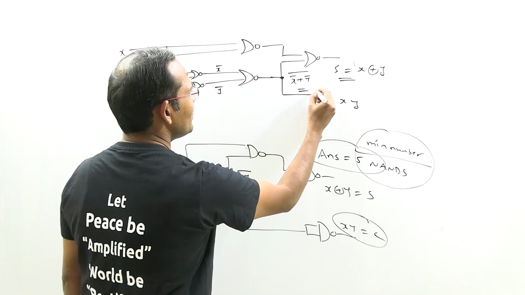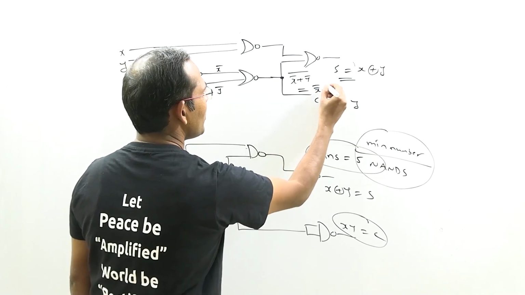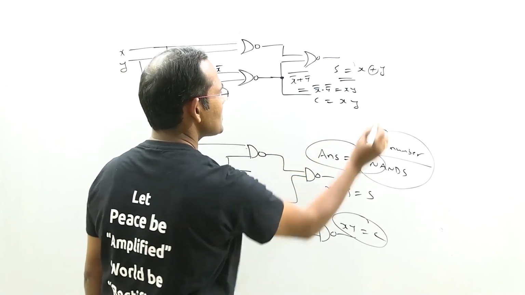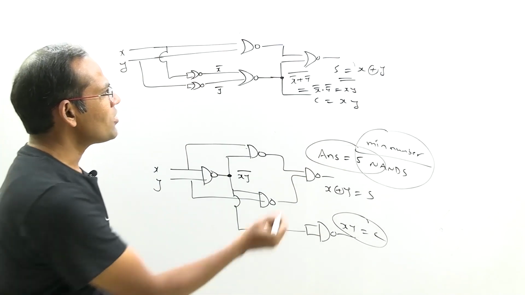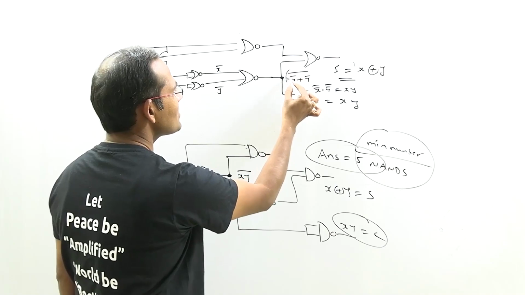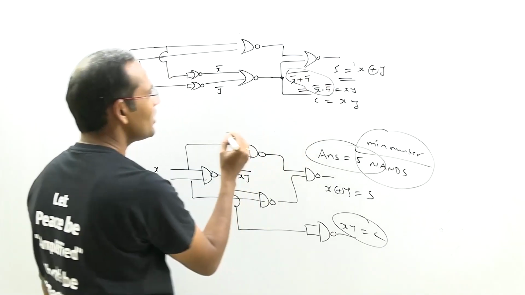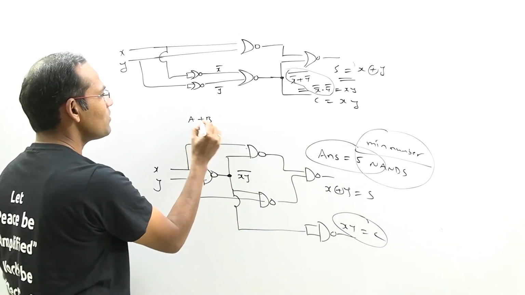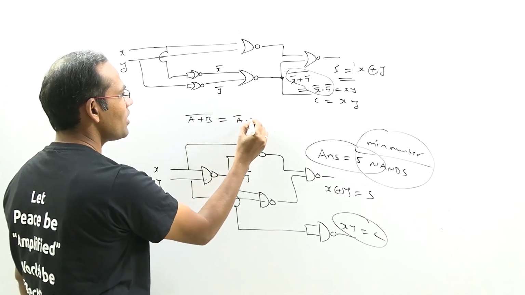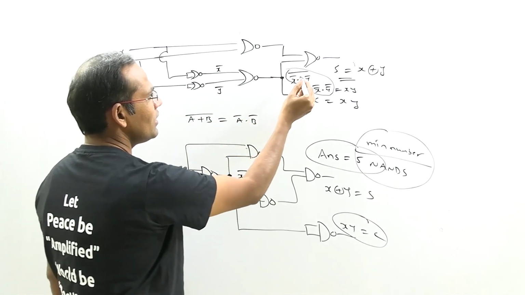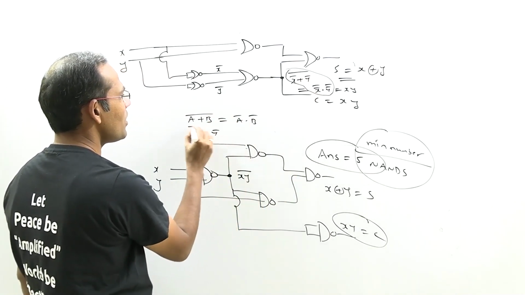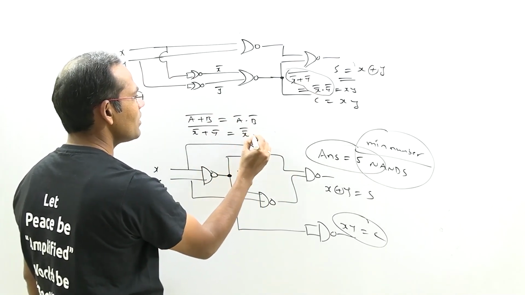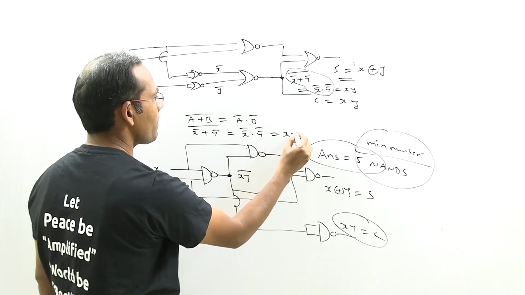It's nothing but x bar bar into y bar bar, which is equal to xy. I wrote this according to De Morgan's law. One De Morgan's law is (a plus b) bar is always equal to a bar into b bar. In this situation, a is x bar, b is y bar, so it is x bar bar into y bar bar, so xy.